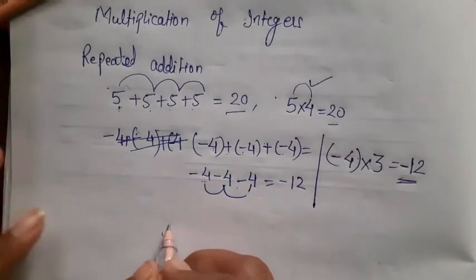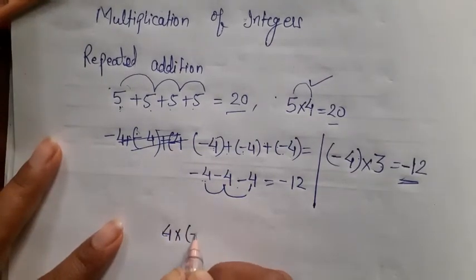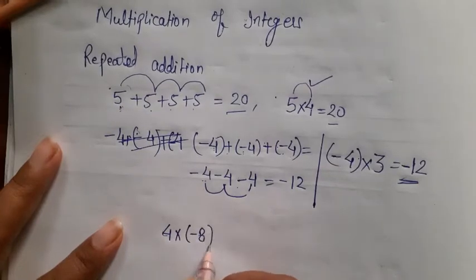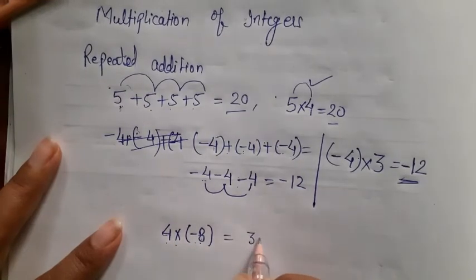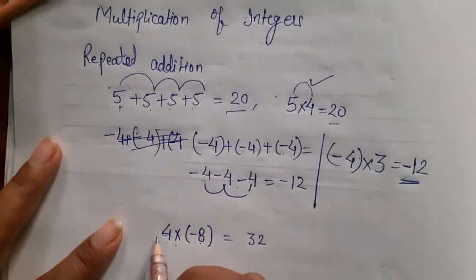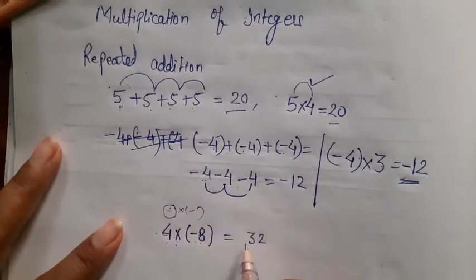Now the next example: if we have 4 and multiply this number with a negative integer. So here 4 multiplied by minus 8, 4 times 8 is 32, and the sign here is plus and this is the negative sign. So plus and minus multiplied is minus.